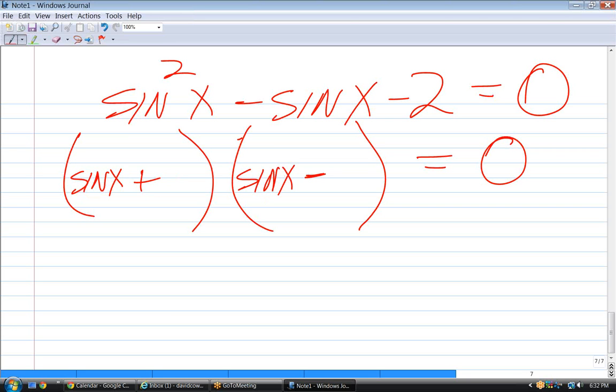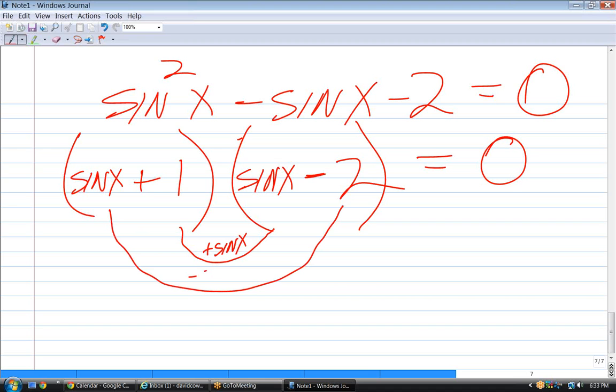And then it will be plus 1, minus 2. Let's check with my double smiley faces. Multiply the insides together, multiply the outsides together, add those two things, and that needs to be your middle term, and it is. So we did it correctly. Okay?